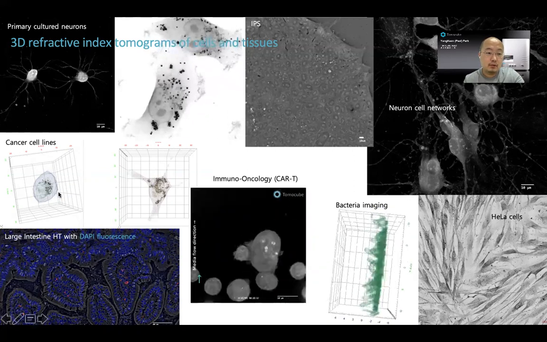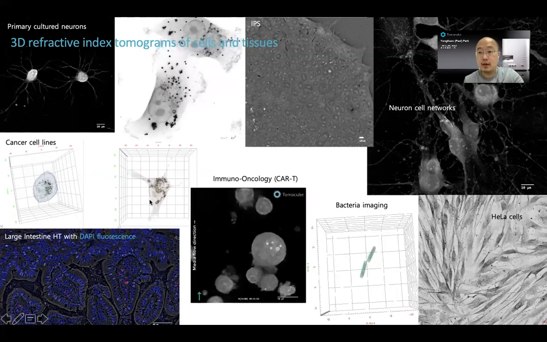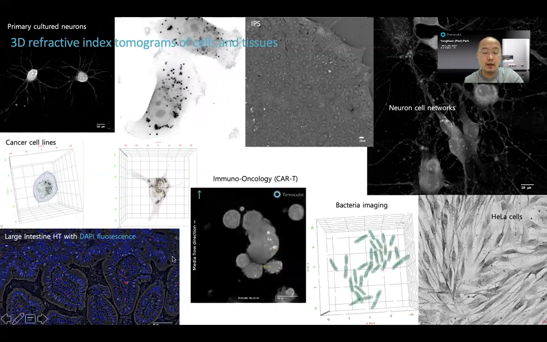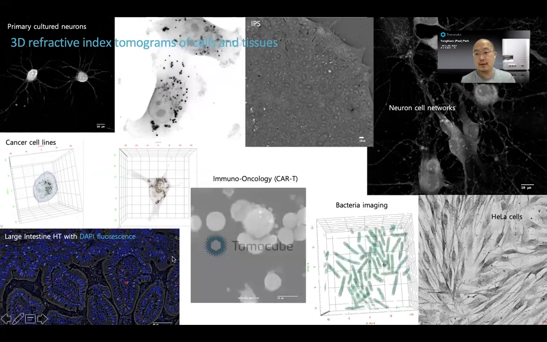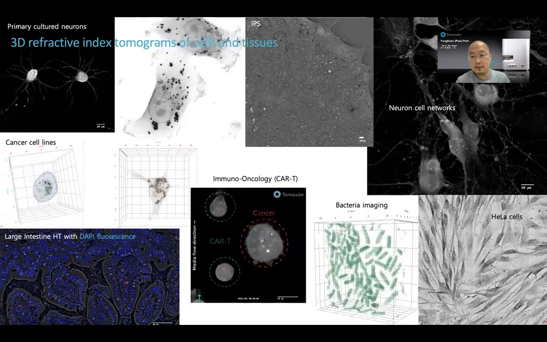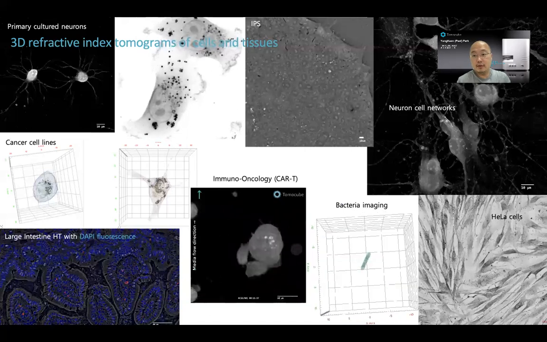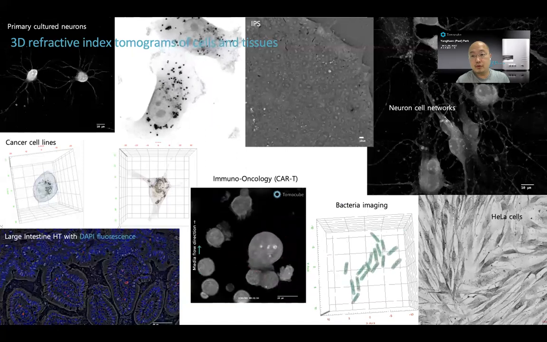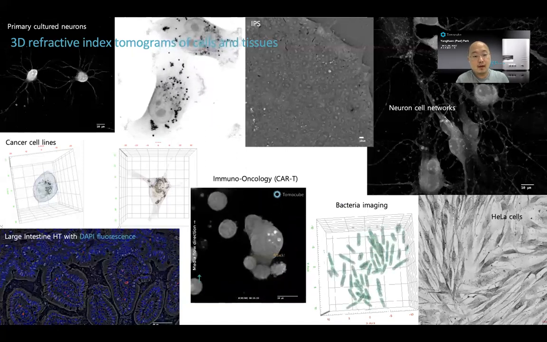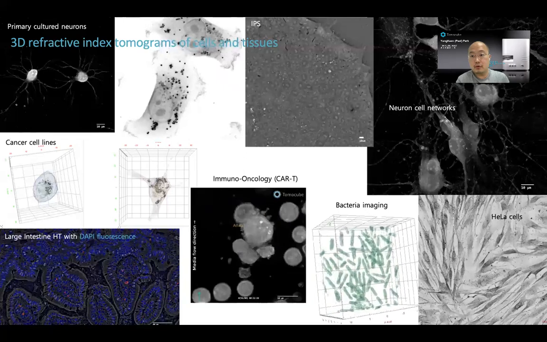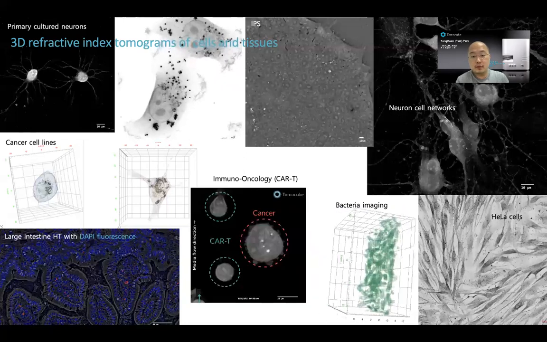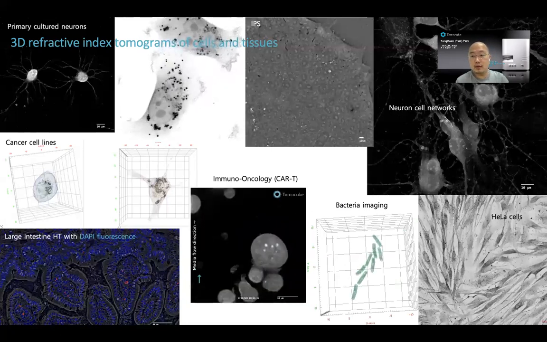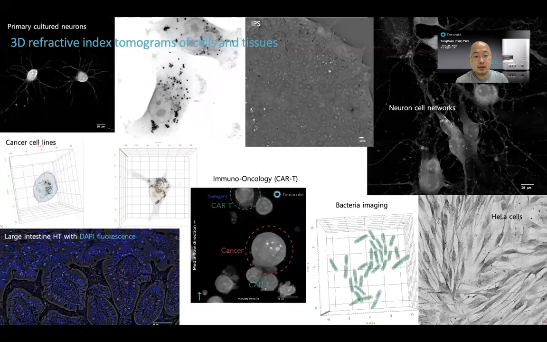Subcellular organelles of a cancer cell line can be easily visualized and clearly distinguished from the other adjacent organelles. For correlative imaging experiments, since HT provides structural information, sometimes you want to measure molecular specific information addressed by the fluorescent microscope. So one of our models can measure both 3D refractive index tomograms as well as 3-channel fluorescent 3D data.